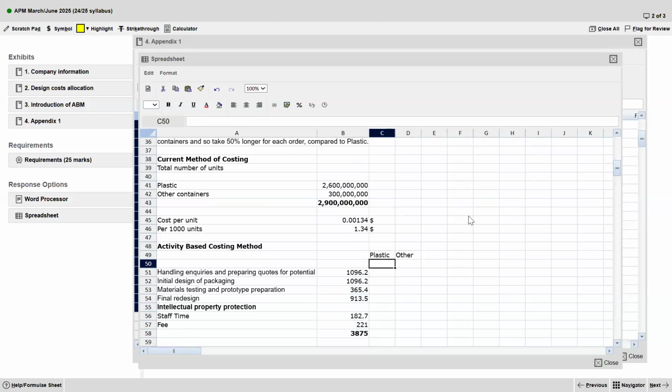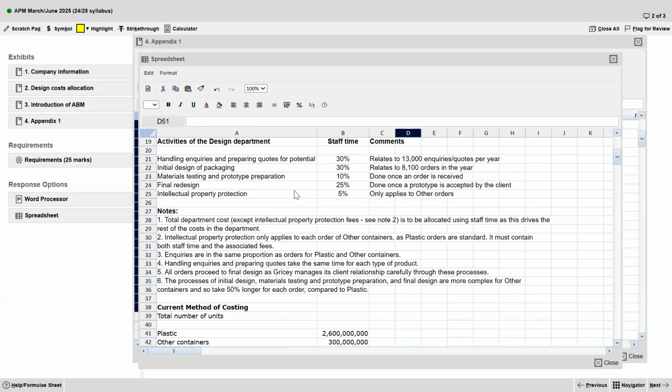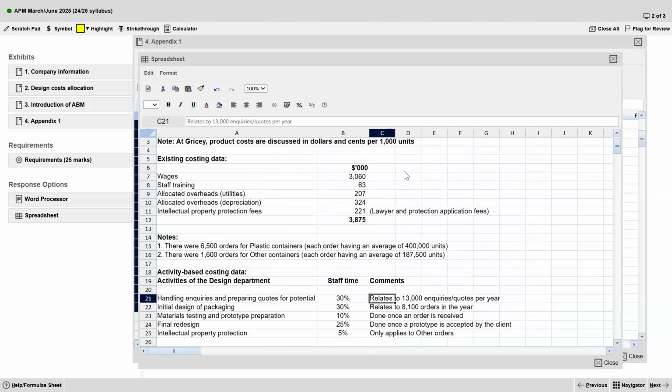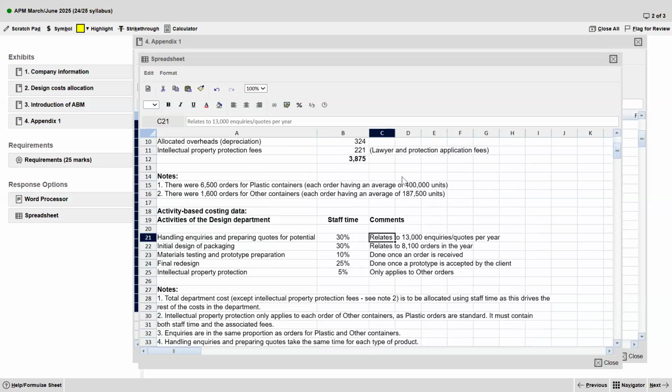So if I talk about plastic, 6500 orders are here, 1600 orders are here. Now, it relates to 13,000 inquiries or quotes per year.